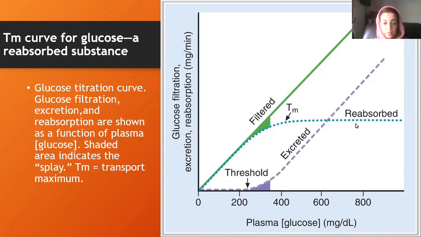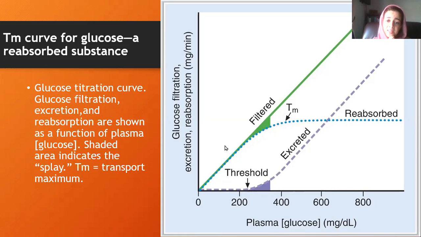And reabsorption. We can see that at normal levels of plasma glucose in non-diabetics, up till about 220 milligram per deciliter, there is a steady rise in reabsorption. As much is filtered, the same amount is reabsorbed.